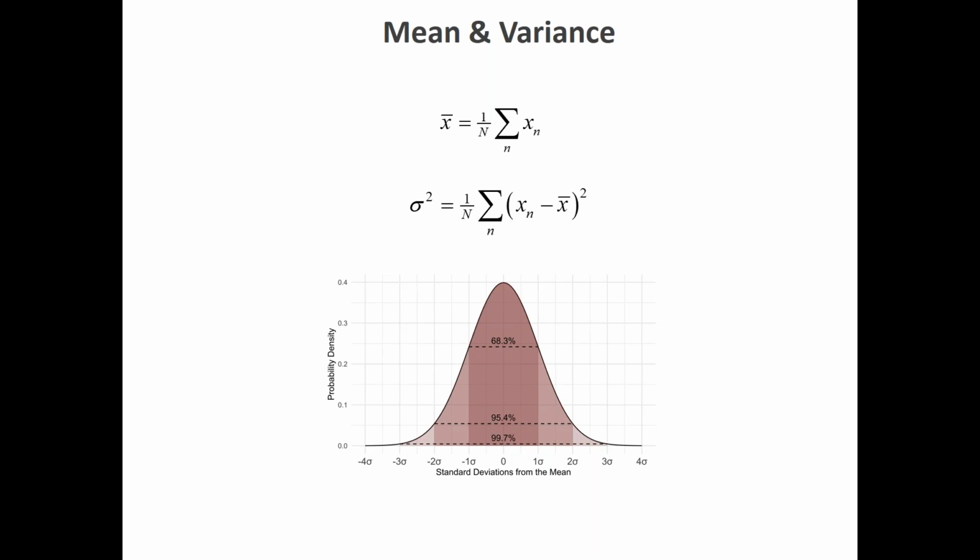So everybody knows that. And a little bit more complex is the concept of variance, which is how much those numbers spread around the mean. So the mean is what we call a measure of central tendency of a distribution of numbers, whereas the variance is called the measure of dispersion, how much those numbers are dispersed around the mean.